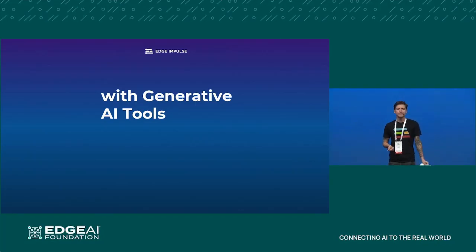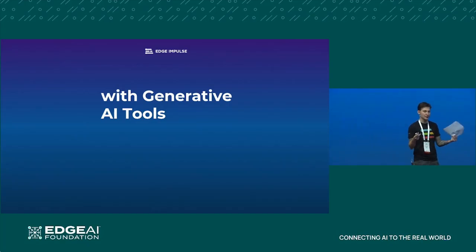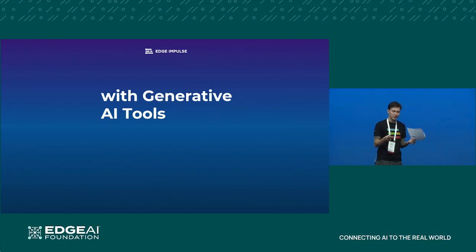Okay, and as I promised, we're going to be talking a little bit about the secret generative AI sauce here. Basically, the language models were mentioned today, but at Edge Impulse, we currently believe, at least at this point, that the age of generative AI on microcontrollers, and by extension also very small MPUs, is not yet there.